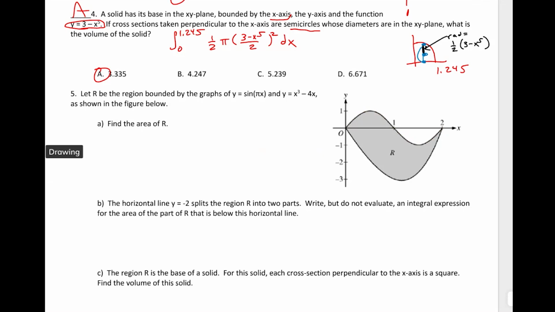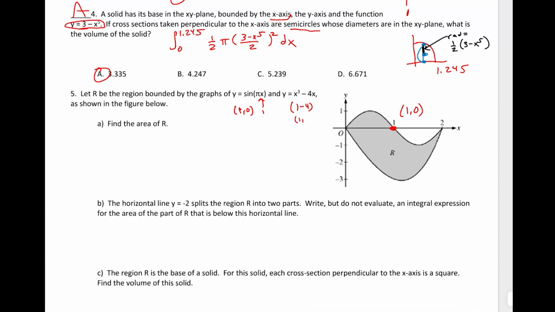Now, one point that I think is kind of obvious here, on this top function, we've got a point at (1, 0). So if I plug in 1 to either one of these, whichever one comes out to be 0, that means that this top function is that one. If I plug in 1 into sine of pi times 1, sine of pi is 0. So we have a point at (1, 0) on that one. And for the other one, just to make sure, if I plug in 1, I get 1 minus 4, which is -3.